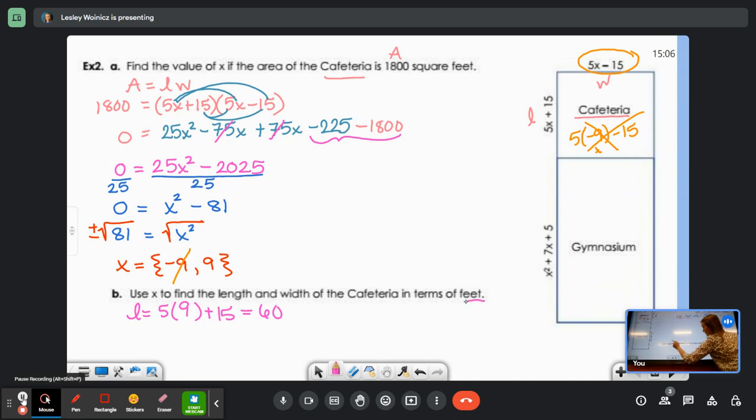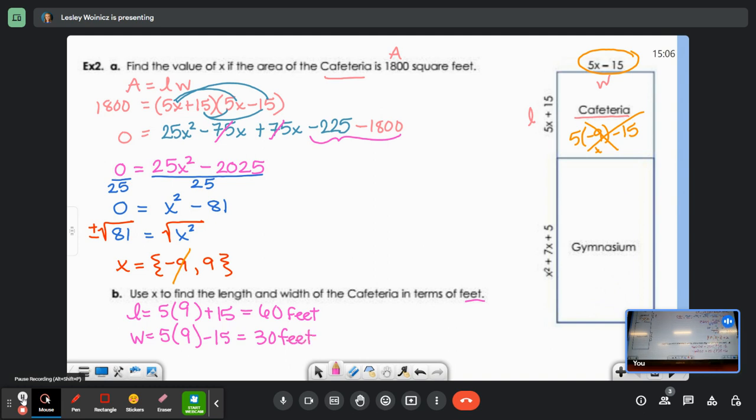And it says in terms of feet, so I'm going to say 60 feet. All right, my width is 5 times my 9 minus my 15. And what did you say before? 30. 45 minus 15 is 30.